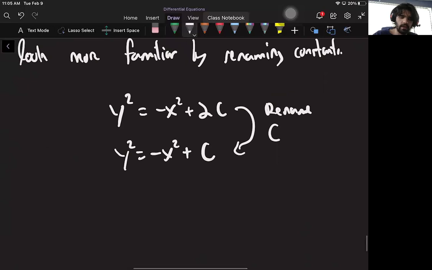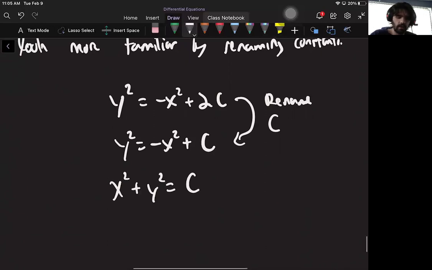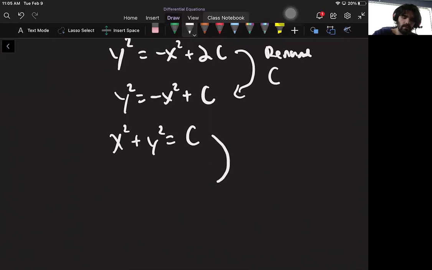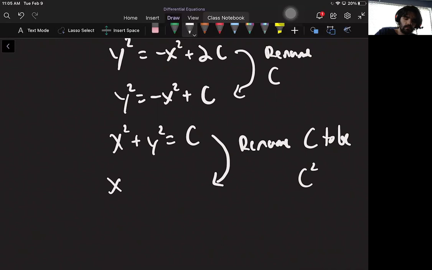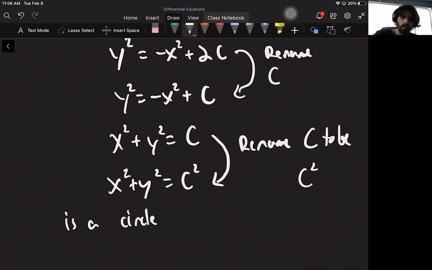It still doesn't look that familiar. But if I add my x squared over, maybe it looks a little bit more familiar. But then I'm going to do a renaming trick where that's less obvious. I'm going to rename c to be c squared. And now you might be able to recognize that this is a circle. Well, it's a circle for each choice of c.